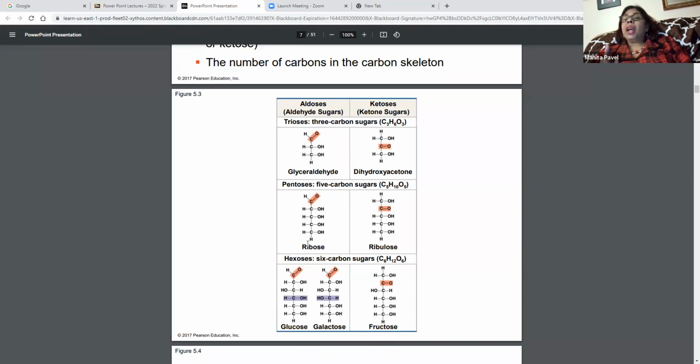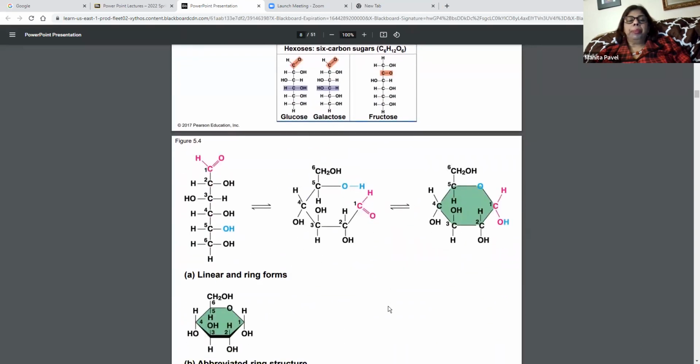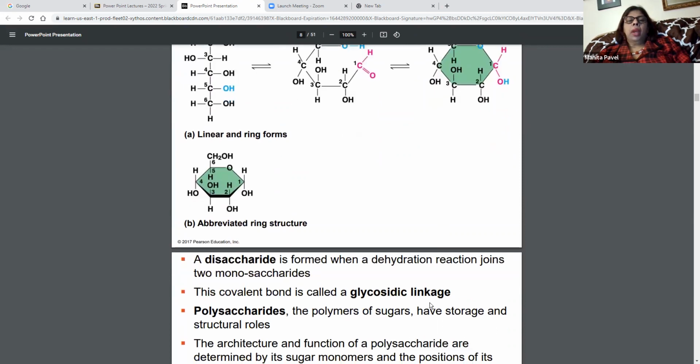RNA stands for ribonucleic acid because it contains ribose sugar. So take note of these terms here. We are just looking to see how C6H12O6, which is glucose, is in a linear structure. You can also have ring structures. That's all the take home from here.